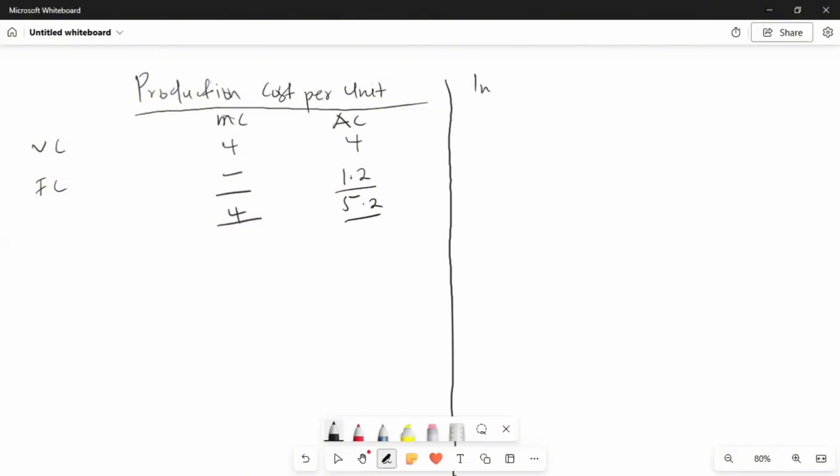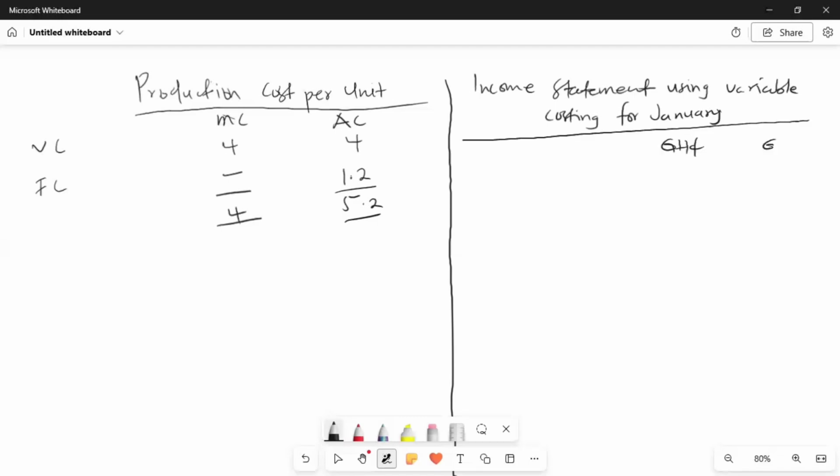So the income statement using the variable costing. As we already know, we always start with our sales. What is our sales? When you look at the question, find our sales units and multiply it by our selling price per unit.